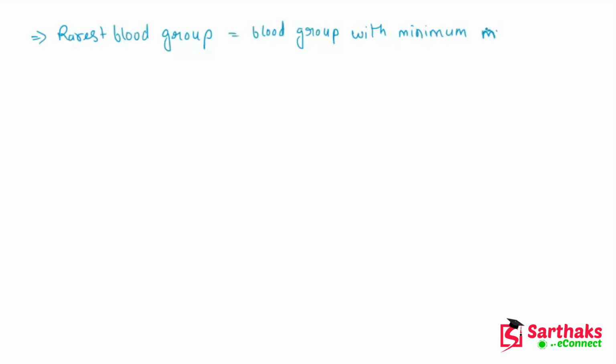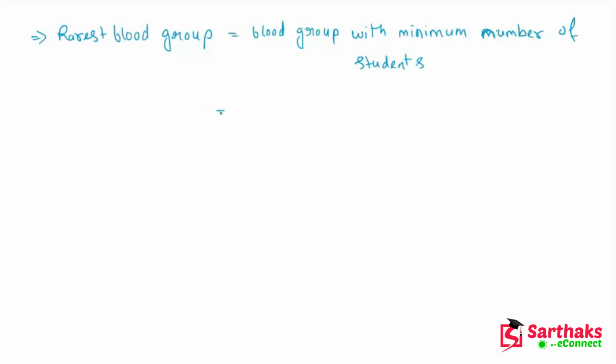So here we can write: rarest blood group is equal to the blood group with the minimum number of students.